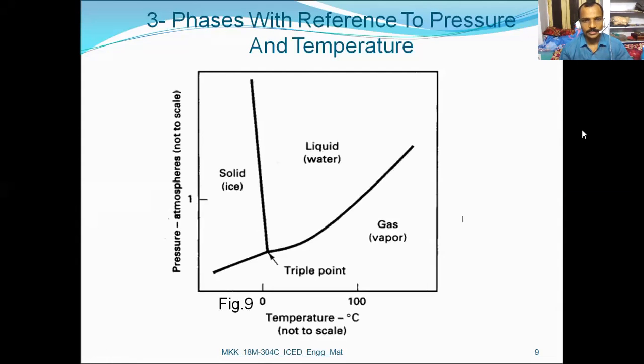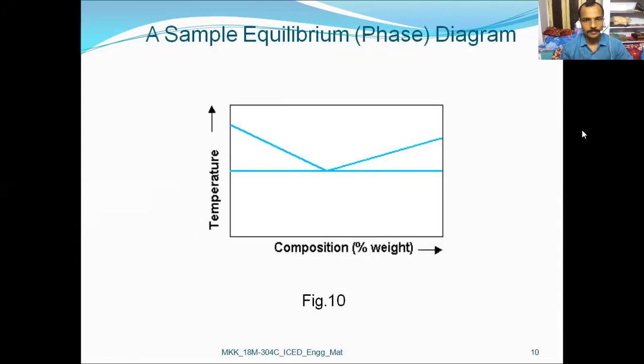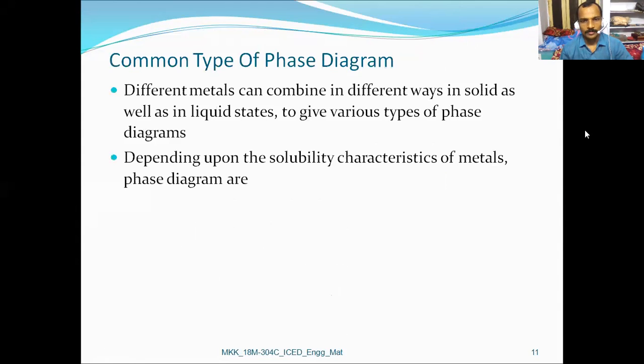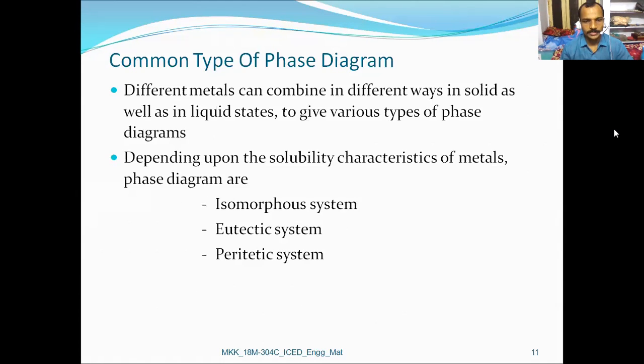So we are discussing the phase diagrams. So in the phase diagrams, we are focusing on the isomorphous systems, eutectic system, peritectic system, monotectic system, eutectoid system.